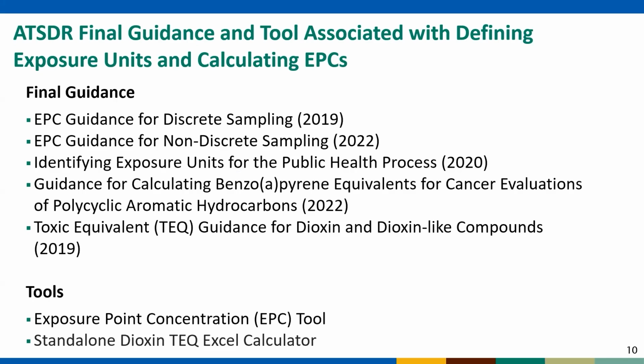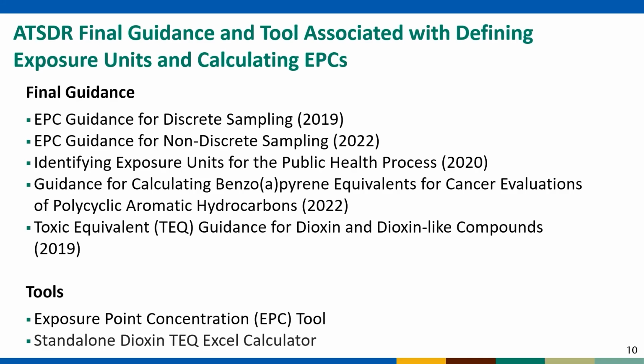Health assessors should also review the EPC and exposure unit guidance documents on the PHAGM resource page. In addition, ATSDR has two webinars detailing the EPC guidance for discrete sampling and for the toxic equivalent, or TEQ, guidance for dioxin and dioxin-like compounds.